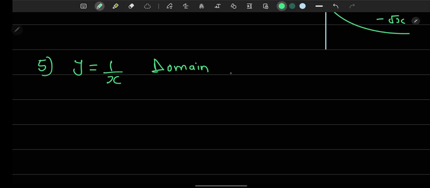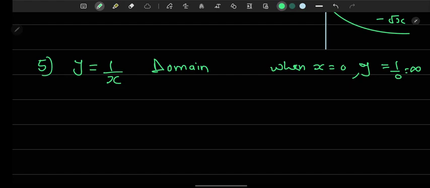What that means is that when x is 0, we obtain y to be 1 over 0, and this is undefined. This is not possible, so we must not have something like this.